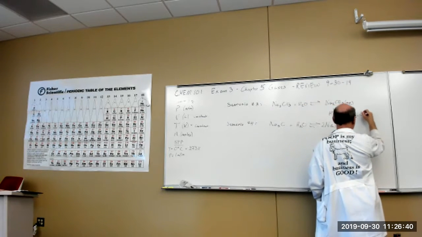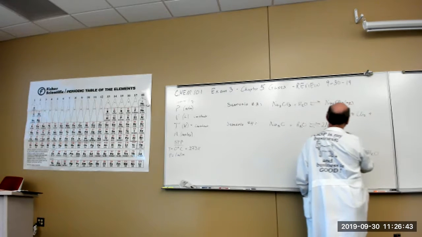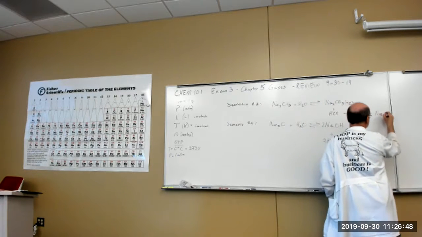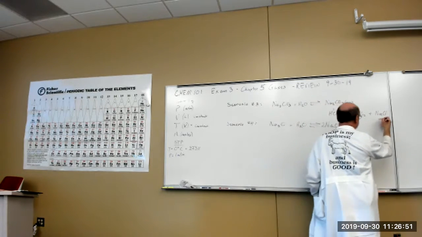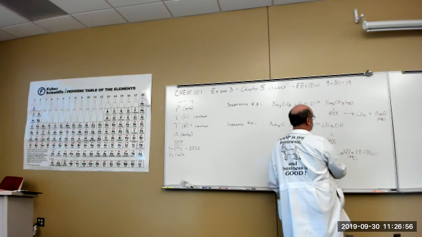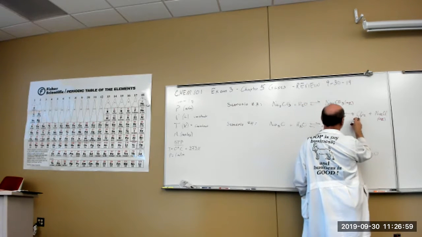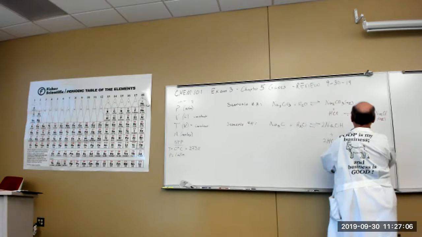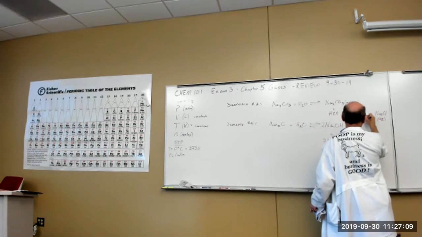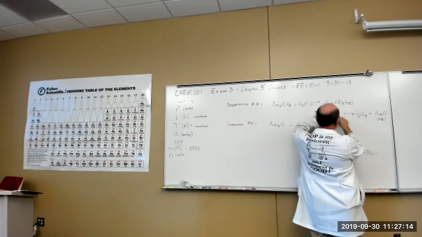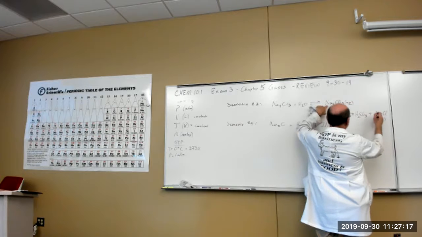It produces CO2 plus sodium chloride in solution. Let's see if that balances. No, it doesn't balance. All right, that's an intermediate step. Right, so there's your chlorine. There's 2 sodiums.